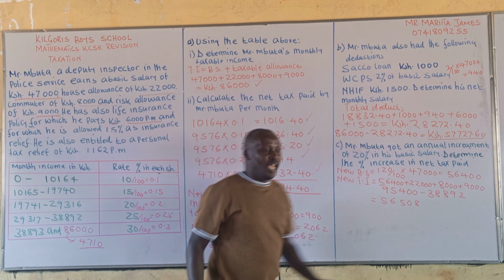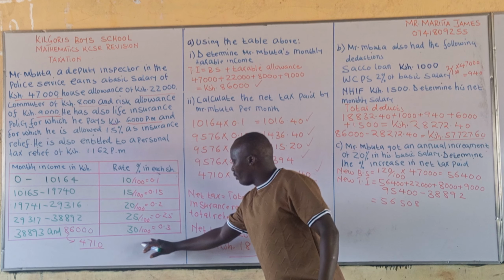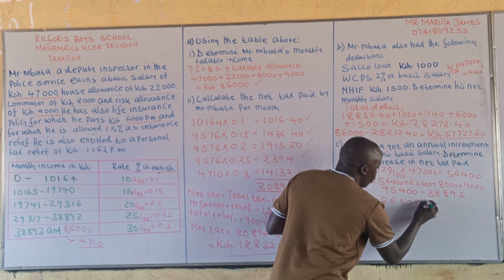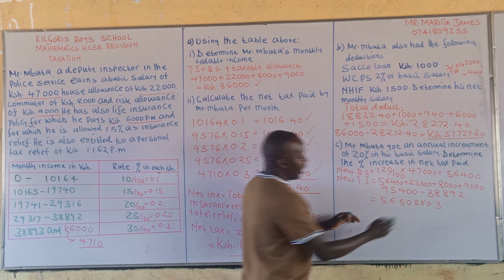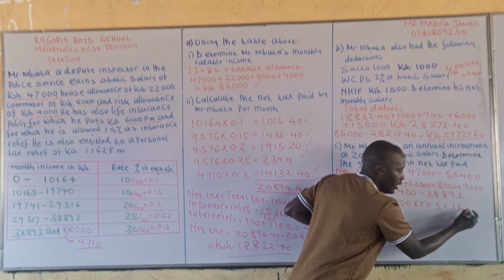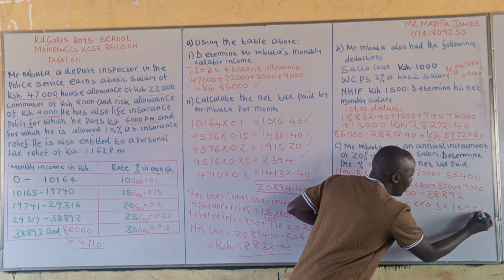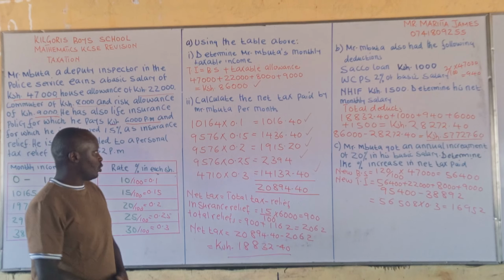This value is now taxed at the rate of 30%. So 30% of 100 is 0.3. We multiply this one by 0.3, and we get a value equivalent to 16,952.